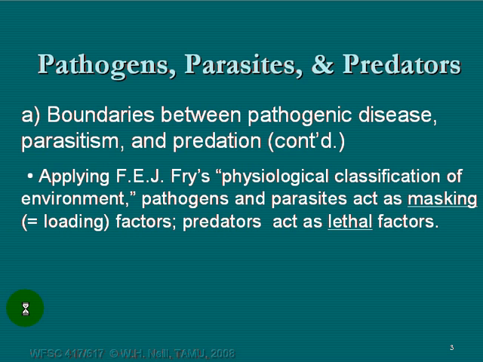For example, I have a hard time thinking about low oxygen as operating as a strictly lethal factor. It's a limiting factor, and it can go to lethal extremes, but it doesn't abruptly destroy the machinery that is metabolism the way a predator does, or a toxic substance like some neurotoxin that's secreted by some organism. So I would call predators lethal factors and pathogens and parasites masking factors.